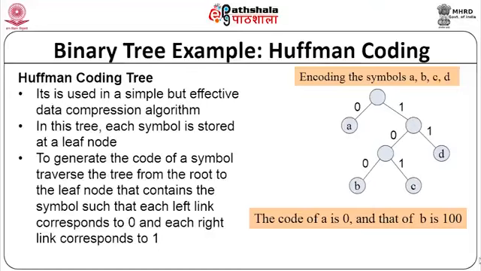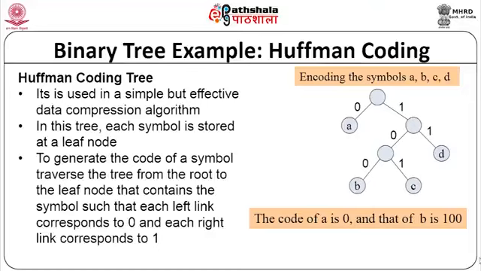Okay. So, this is the encoding of the symbols A, B, C, D. Now, this is generated automatically. If you want an effective Huffman code, you have to see that the symbols that occur less frequently are at the lowest depth, and the symbols that occur more frequently occupy the top levels.